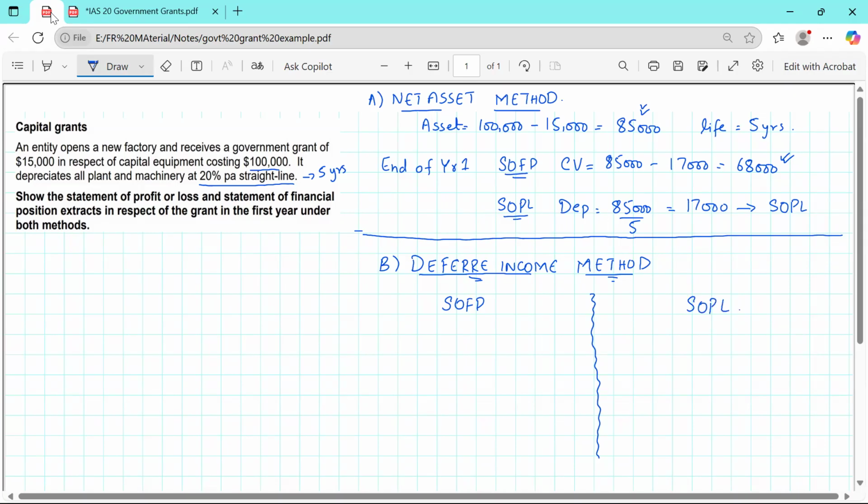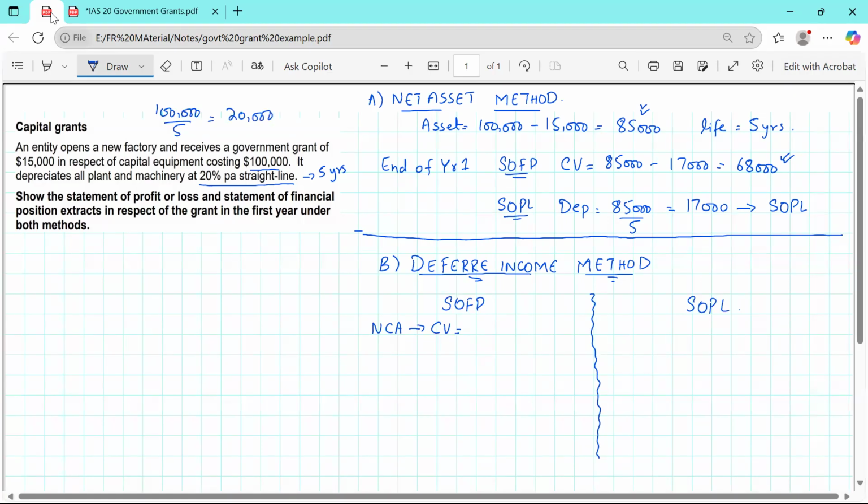Now the first very important point: in the statement of financial position, I will record the non-current asset at carrying value. So at the end of the first year, what was the cost of the asset? 100,000, right? And the useful life is 5 years. So what is the depreciation charge? 20,000.